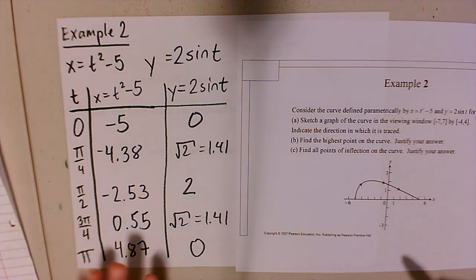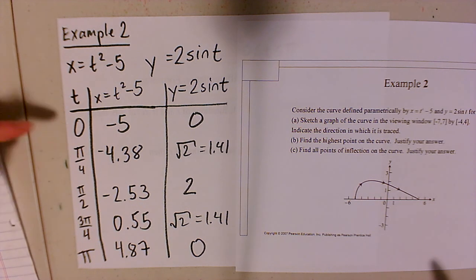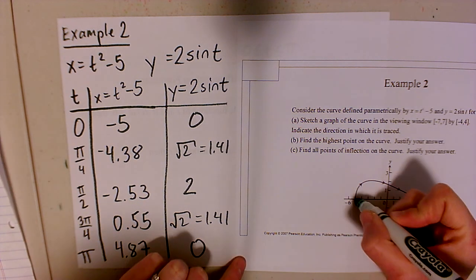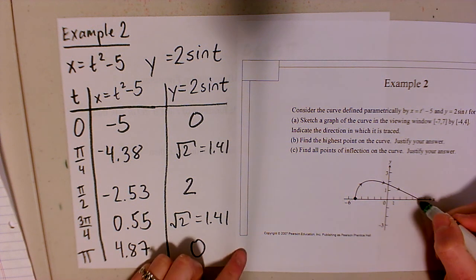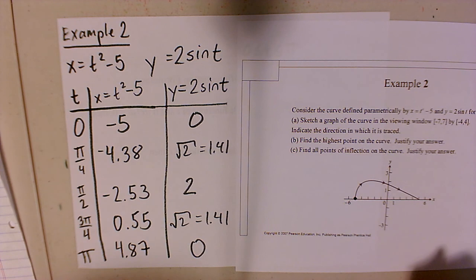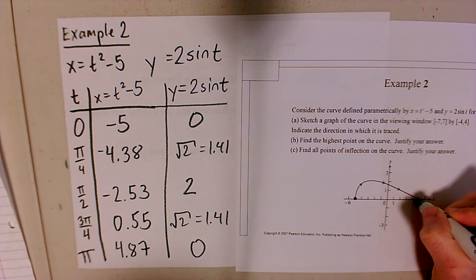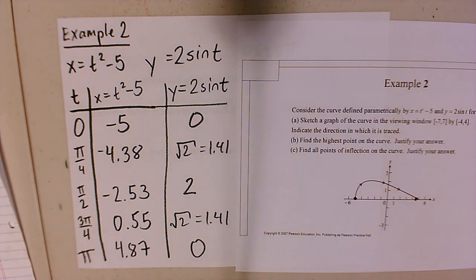The important thing to note, the whole reason why we run through this exercise, is to get this initial point, knowing that we're starting over here at negative 5, 0, and then we're ending over here at 4.87, 0. Now, the way that this graph is shaped, there's really only one direction that you can go.